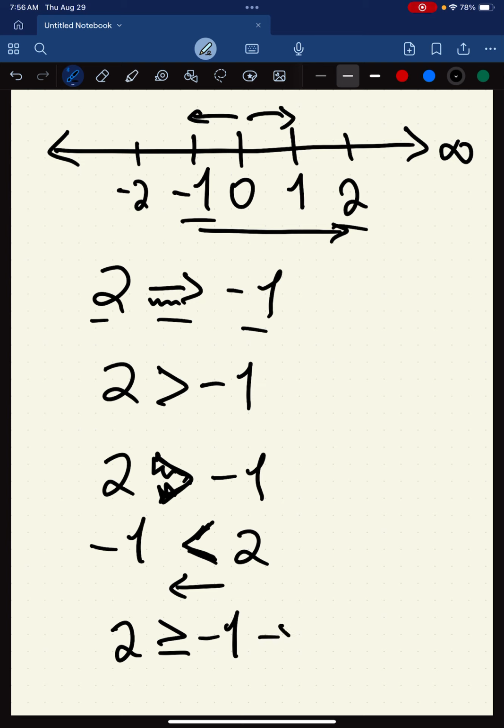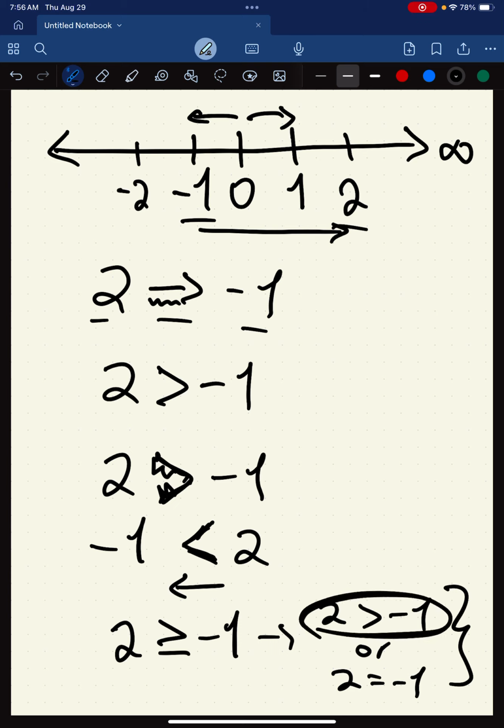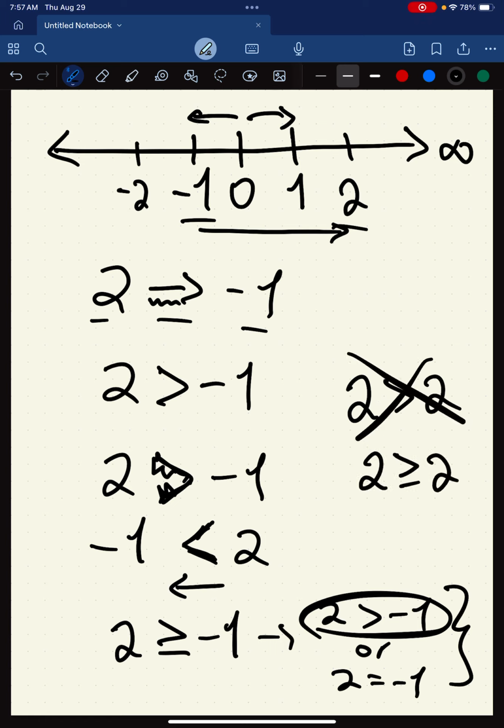So for example here, this says that 2 is greater than -1 or 2 is equal to -1. So just one of these has to be true. And in this case, this is the one that's true. But whereas 2 is not greater than 2, this is not true. 2 is greater than or equal to 2, right? It kind of satisfies that second case of them being equal. So just want to note that.